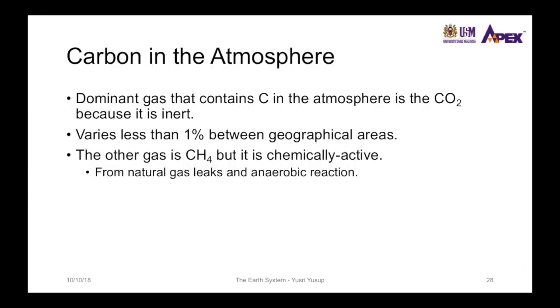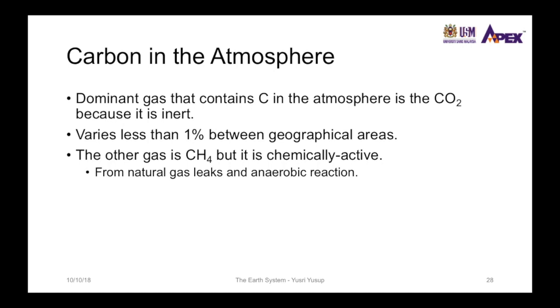The dominant gas that contains carbon in the atmosphere is carbon dioxide, and part of the reason it is in a large amount in the atmosphere is that it is inert. It doesn't react as much, so it varies less in the atmosphere between geographical areas, on the order of 1%.